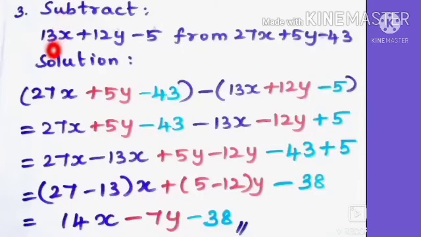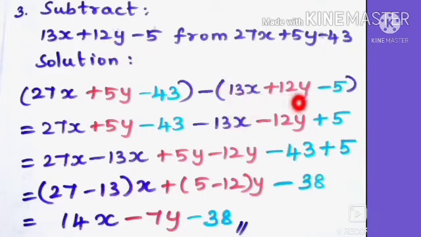Students, now subtract 13x plus 12y minus 5 from 27x plus 5y minus 43. So the expression we subtract from should be in the first place, and after that put the minus sign, and next within the bracket, so don't forget to put the bracket, the expression which should be subtracted will be there.